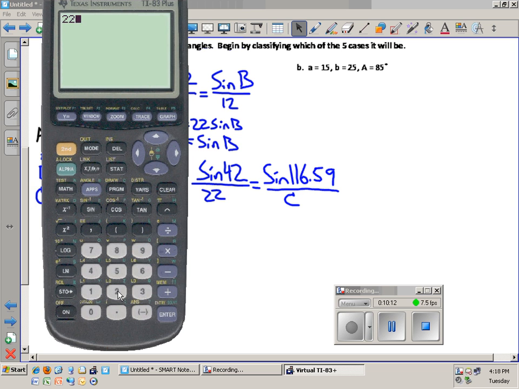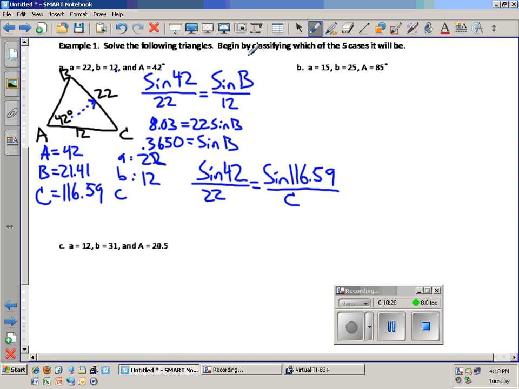So I'll have 22 times the sine of 116.59, and I will divide that by the sine of 42. That gives me 29.40. Side C is 29.40. And there you have it. There is a solved triangle using the law of sines, recognizing, again, that the opposite side was longer than the other given side. That's one solution. Use my decision tree.